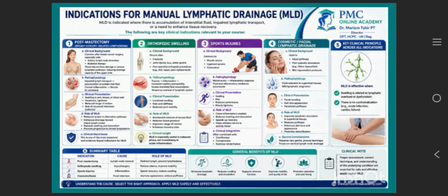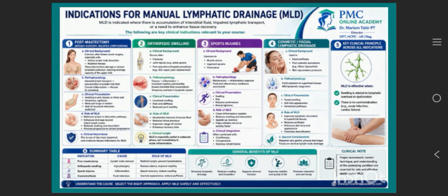So pathophysiology: firstly, trauma causes inflammation, and inflammation causes increased capillary permeability, okay. Secondly, excess interstitial fluid accumulation. Thirdly, temporary overload of the lymphatic system. So the clinical presentation: firstly localized swelling, secondly pain and stiffness, third reduced joint mobility.